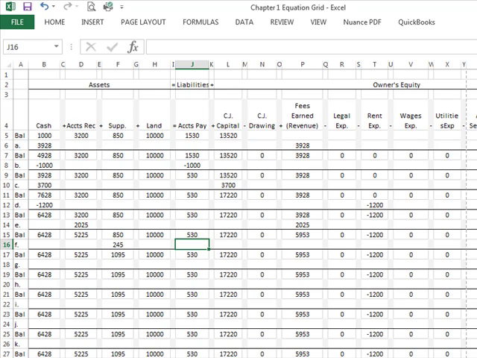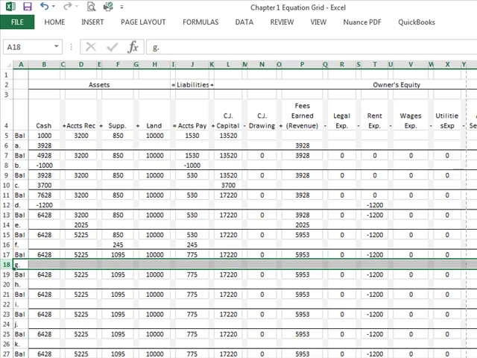Send me a bill, which becomes accounts payable. So we're going to increase accounts payable by $245. The new total in supplies is $1,095. Accounts payable has $775. Then you need to bring the balances down for all the accounts that we did not use in this particular transaction.